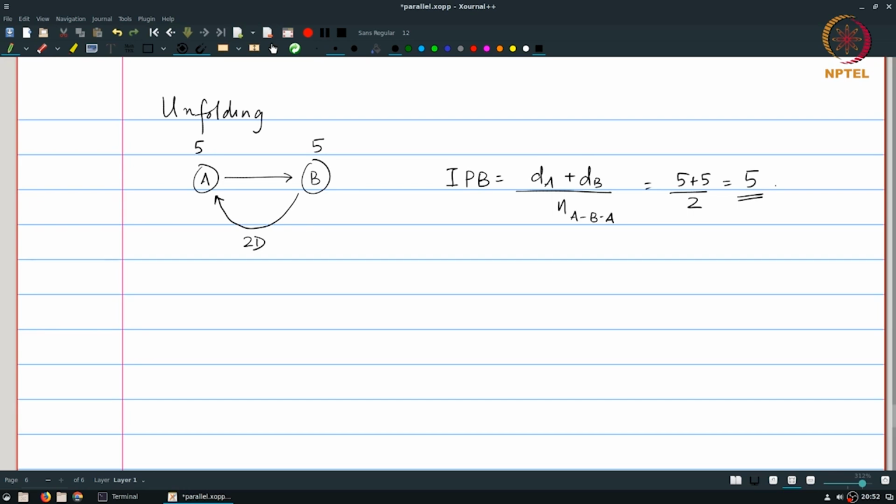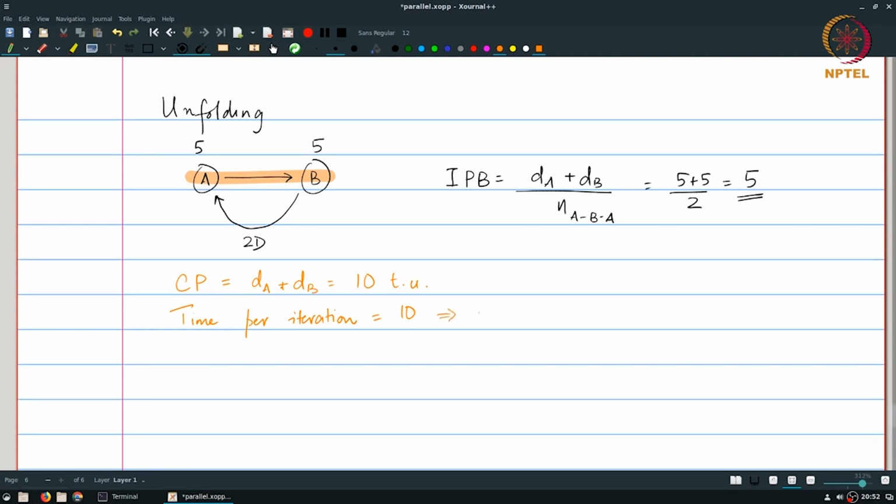Ideally, we should be able to process one sample through this particular data flow graph once in every 5 time units. On the other hand, the critical path of this structure that I have drawn over here essentially goes through the path A to B. And what that means is that the critical path is equal to the delay of A plus the delay of B, which is equal to 10 time units, which means that time per iteration, if I directly implement this way, is going to be 10.